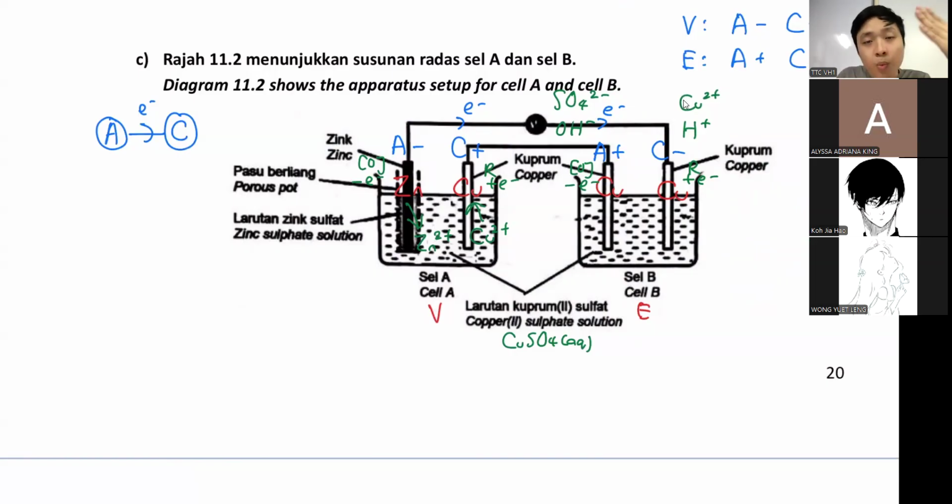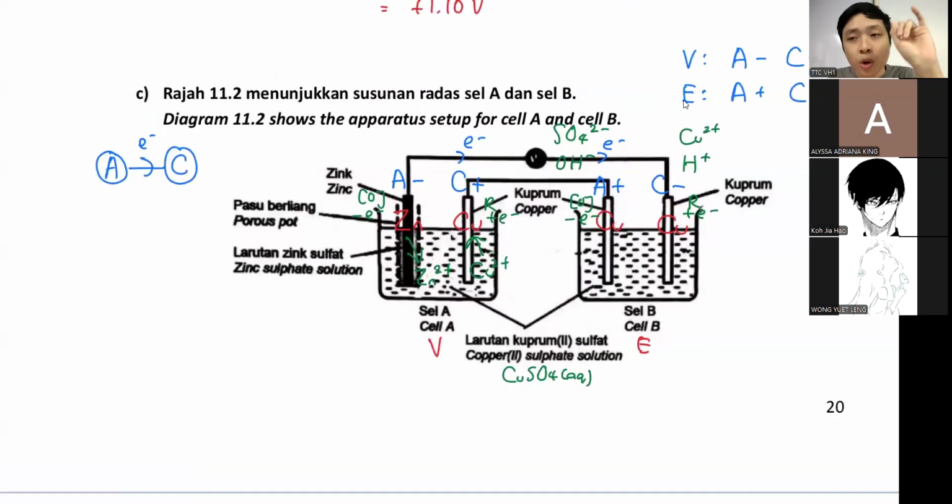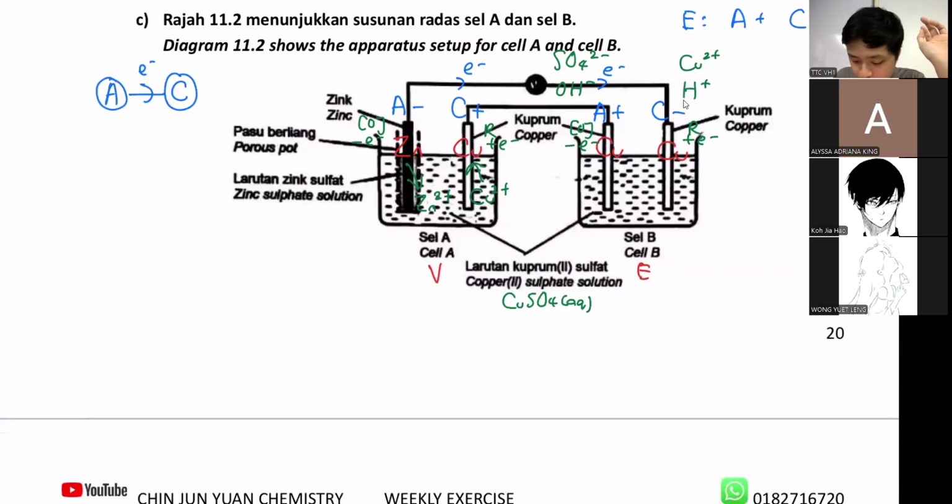And then analyze which one undergoes oxidation and which one undergoes reduction. We analyze the cathode first. What is the factor? Cathode only got one, just remember, which is the E naught value more positive.